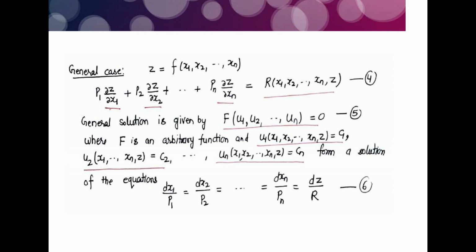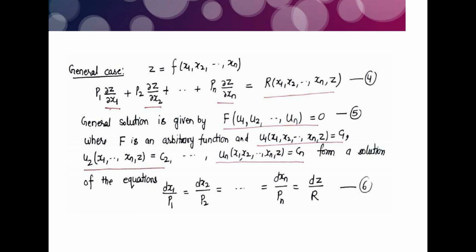Now consider the general case when z is a function of n variables x1, x2, up to xn. Then the Lagrange partial differential equation is given by 4, where we have n functions P1, P2, up to Pn, all capital Pi's, multiplying the derivatives of z with respect to x1, x2 and xn. On the right hand side I have R as a function of x1, x2, xn and z.